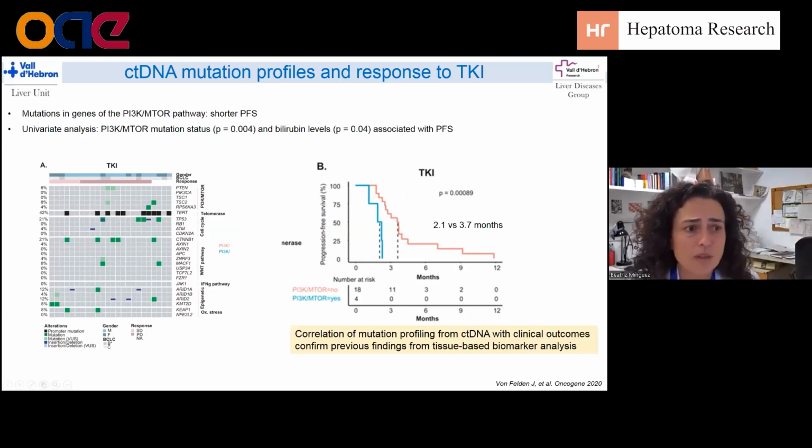This is an interesting paper coming from Mount Sinai regarding ctDNA mutation profiles and response to tyrosine kinase inhibitors.